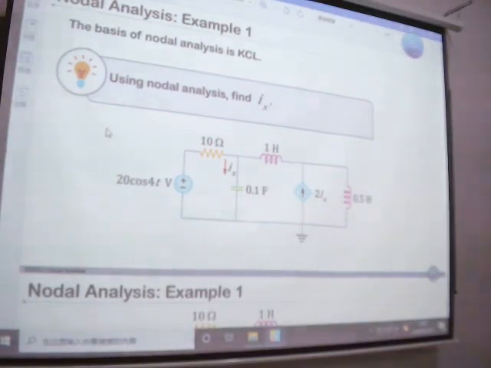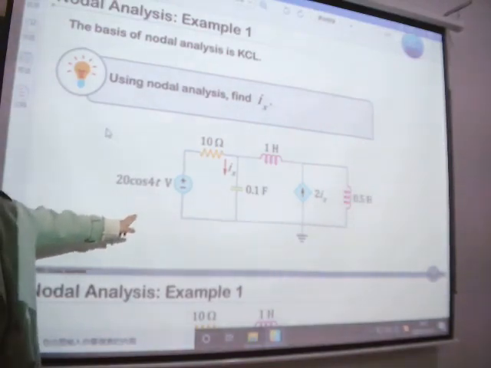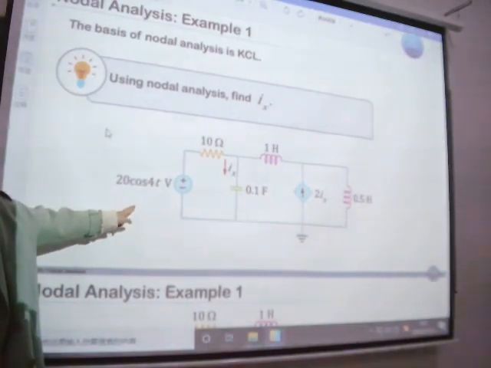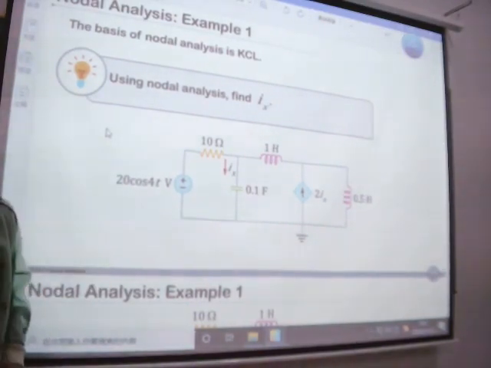There is one thing we should notice, that is the phase angle. We don't have the initial phase angle, so we can suppose it is zero. Clear? We can suppose the initial phase angle of the source is 0.